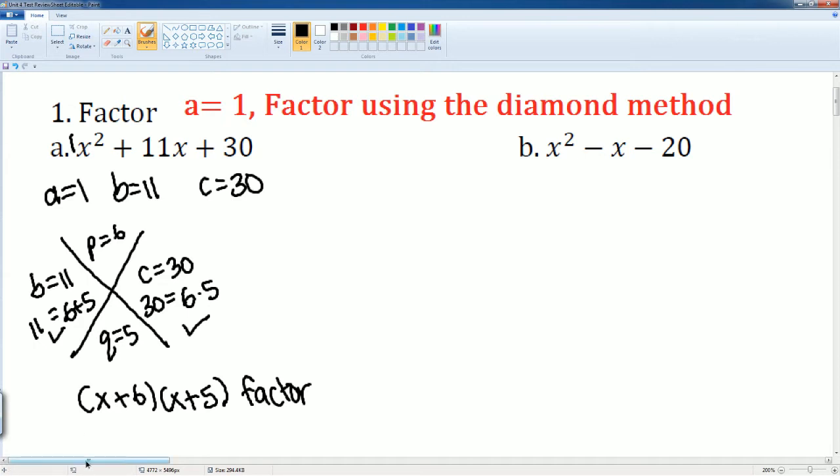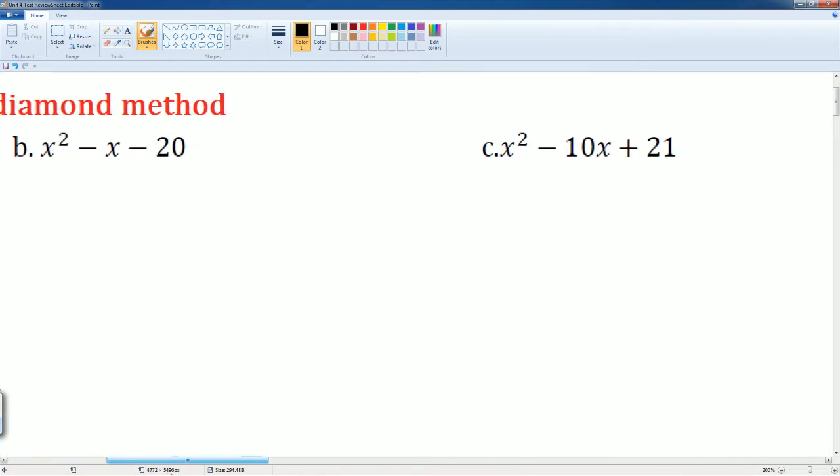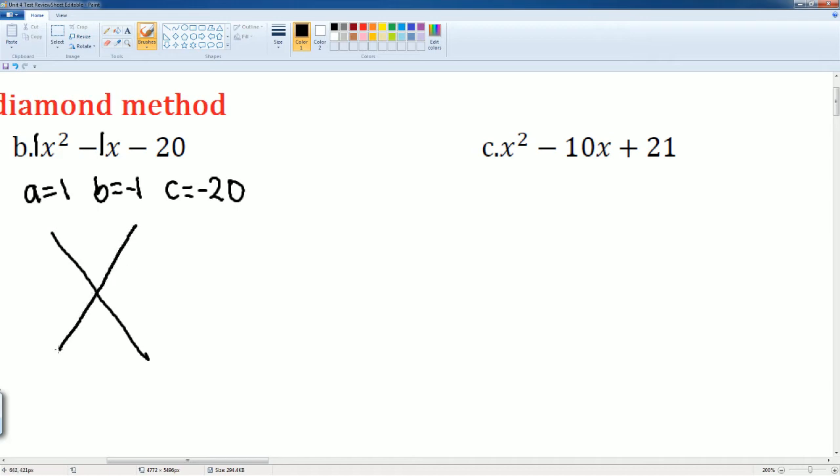Good. B, same process. A is the number 1. B is actually -1. Be careful, it's a negative in front. And C is -20. Same process, draw our diamond. Our B is going to be -1 and our C is equal to -20.